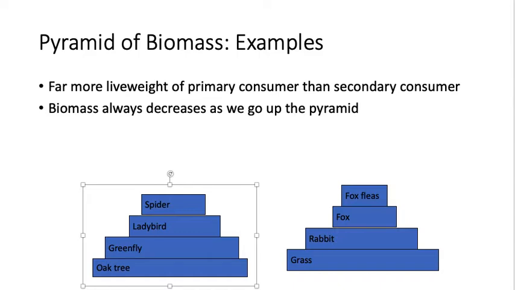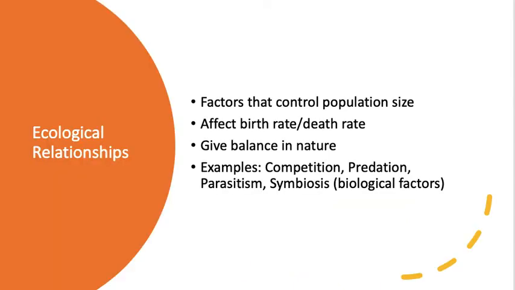Right, next we are going to look at some factors that control population size, and we're going to focus in on the different ecological relationships that happen in an ecosystem. And these relationships affect the population size of the different organisms by either affecting the birth rate or the death rate of those organisms, or maybe even both.